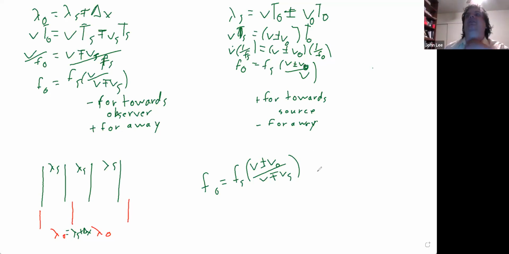And then I don't know if I've said this, but V is just the velocity of the sound traveling through the air.